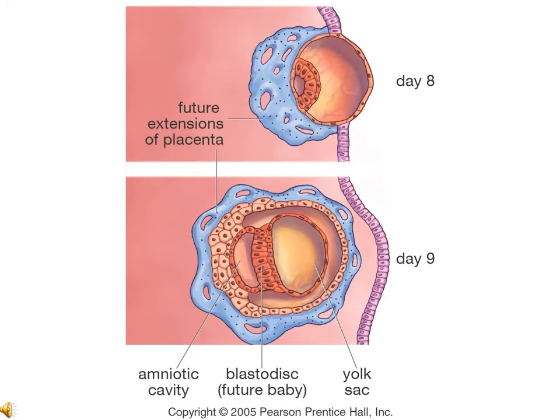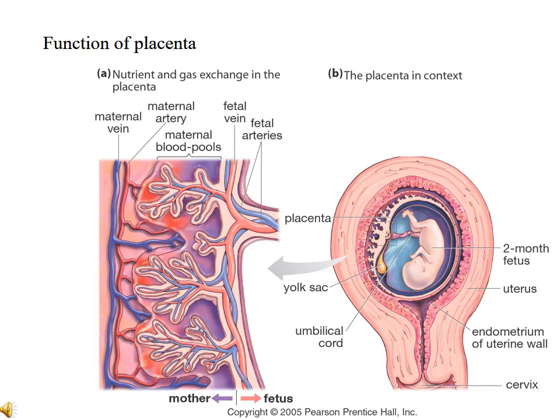Day 9 is hard to truly visualize because it is hidden from view, and that's where we start to form the embryo itself. The beginning of embryonic development is pretty much fully in force by day 9.